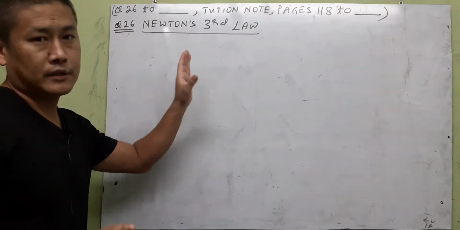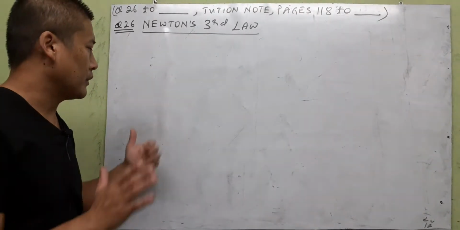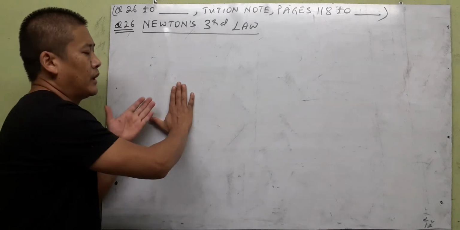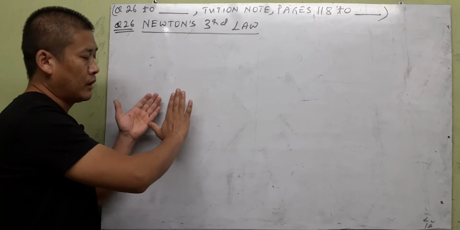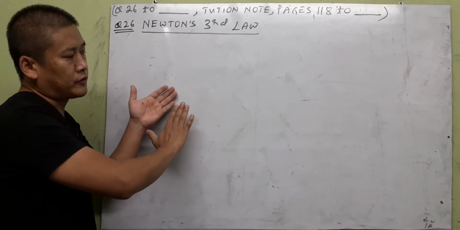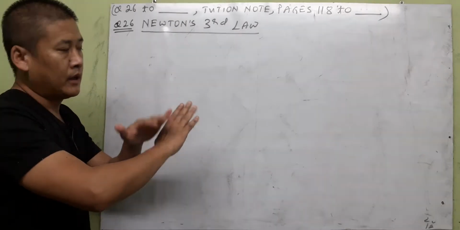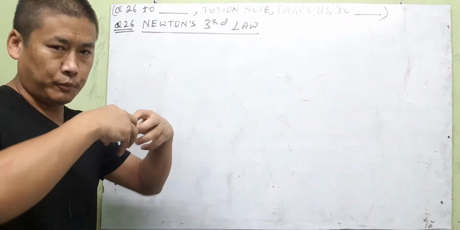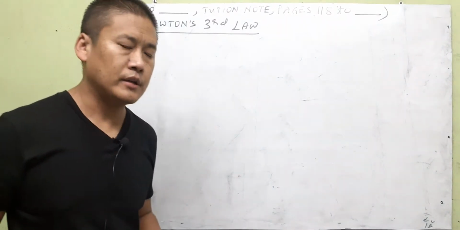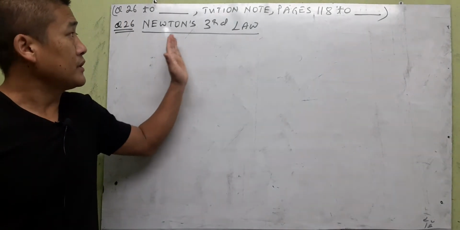But Newton's third law is saying that that is not true. The same amount of force your hand is applying on this stationary board is also applied by the board on your hand, and these two forces are not in the same direction, they are in opposite direction. Okay, so that is called Newton's third law.